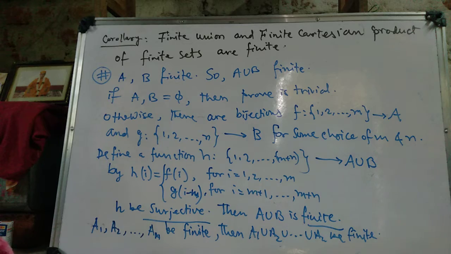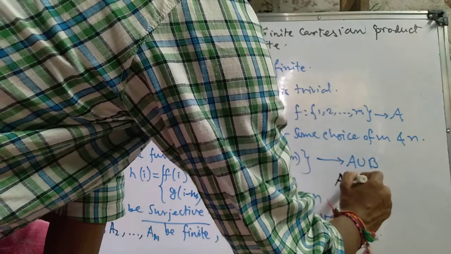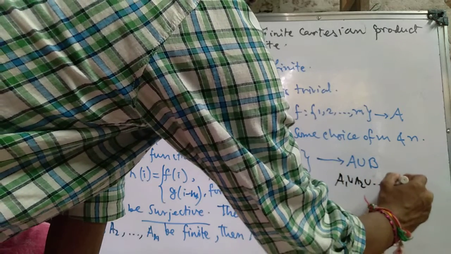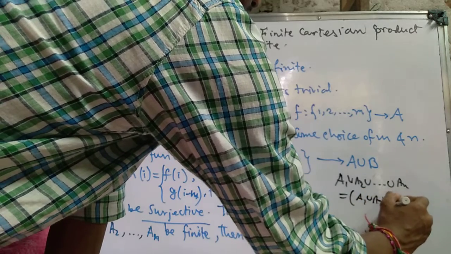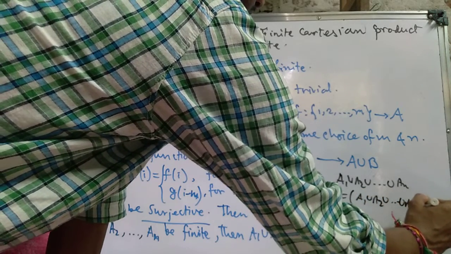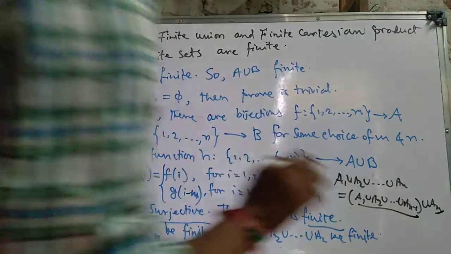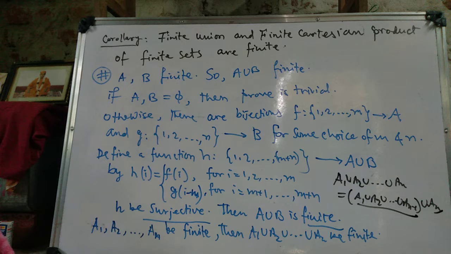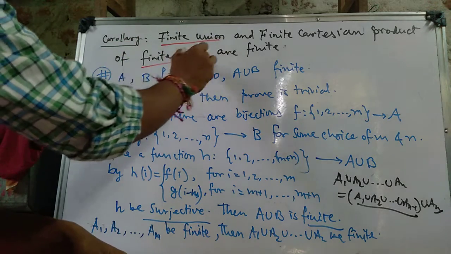Because A1 union A2 dot dot dot union An equals A1 union A2 dot dot dot union A(n minus 1), union An. Then this one is finite, so the union is finite. Then if A and B are finite, A union B is finite. This implies that a finite union of finite sets is finite.